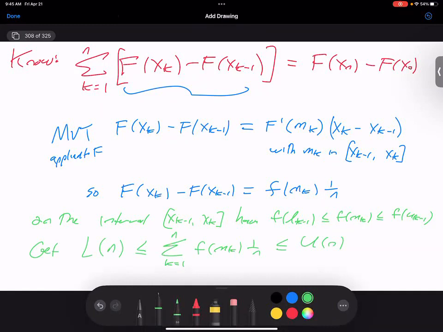Because on each interval, this value is at least as large as the smallest, and it's not larger than the largest. So if I multiply by 1 over n, the area has to be at least the lower bound for the area, and it can't be more than the upper bound. So I've sandwiched this quantity. Let's record this.